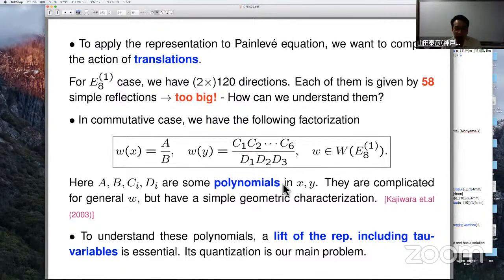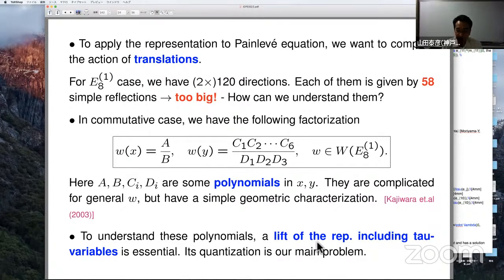And the fundamental fact of this kind of construction is the lifting of the representation, including the so-called tau variables.